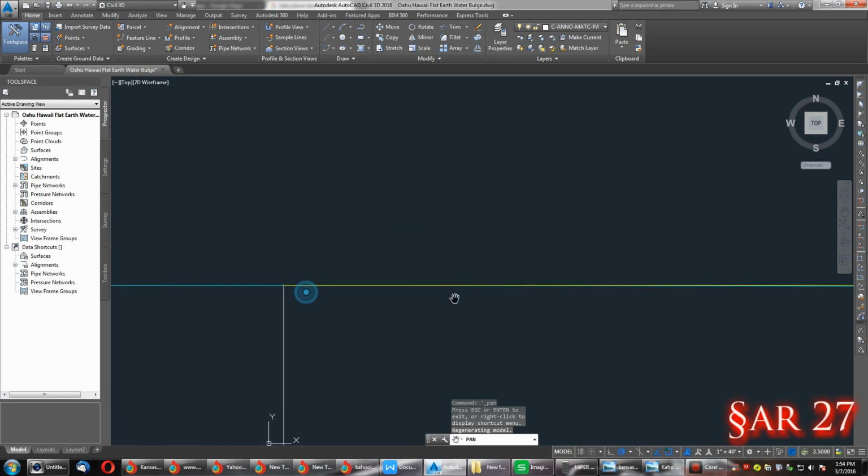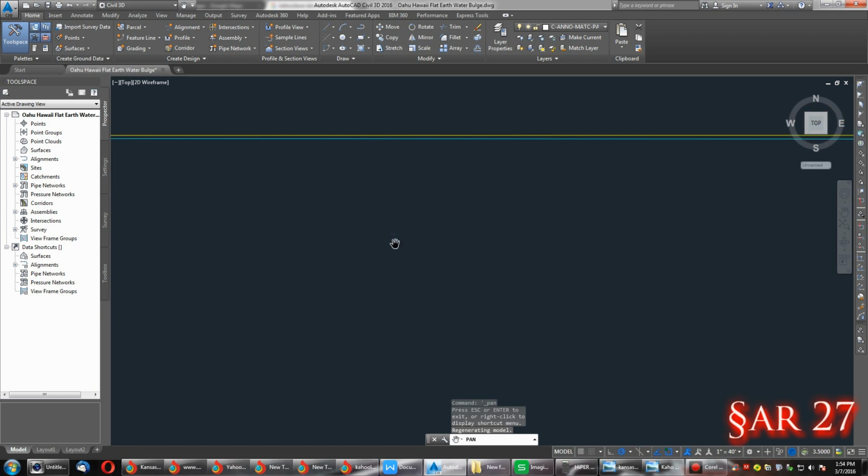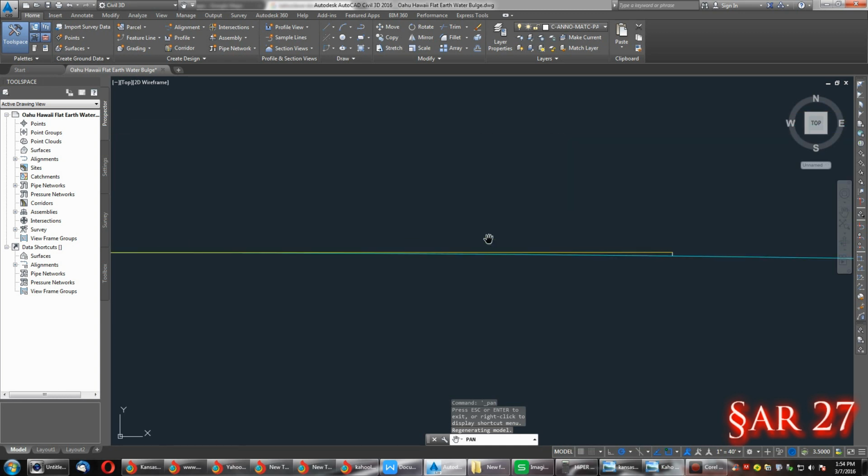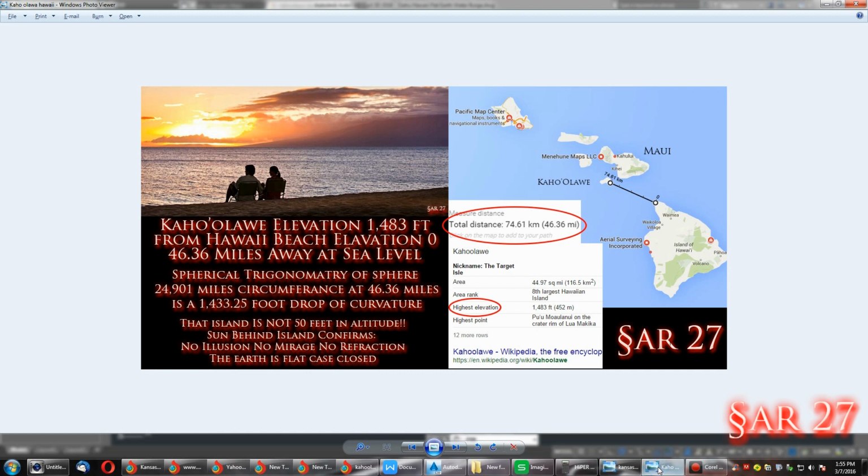Look at that. How can anybody see that entire mountain range with that whole bulge of water in the way? And if you look at the math, the foot drop is 1,433 and the elevation is 1,483. So that island back there does not look like it's 50 feet tall. It looks like it's the whole entire thing.